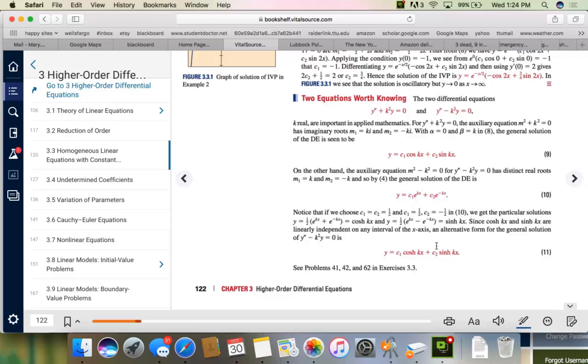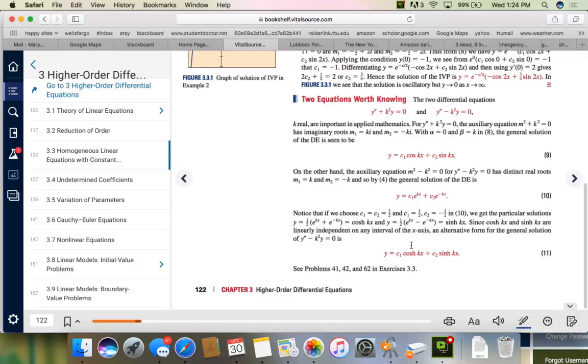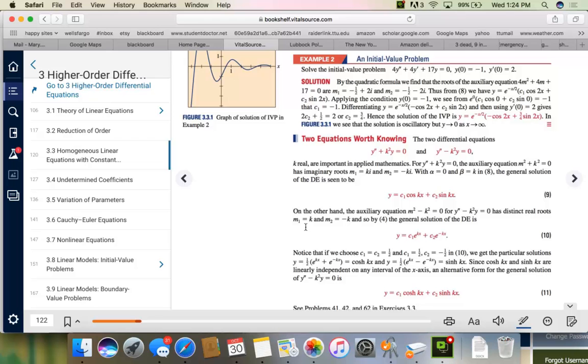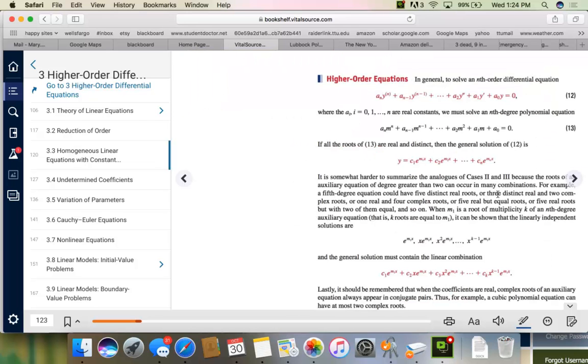You could do some hyperbolic sine and cosine substitutions to get the expression given in equation 11. It's just an alternate form based on a variation of Euler's equation, on the hyperbolic sine and cosine. So anyway, that's just an overview of the materials in this section.